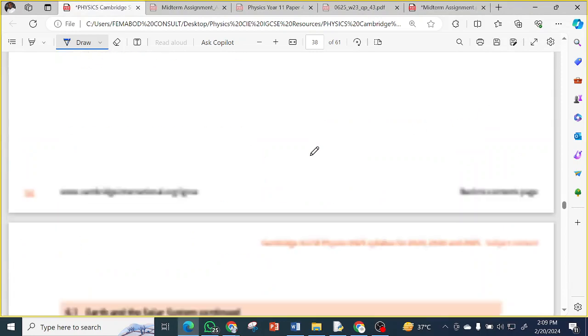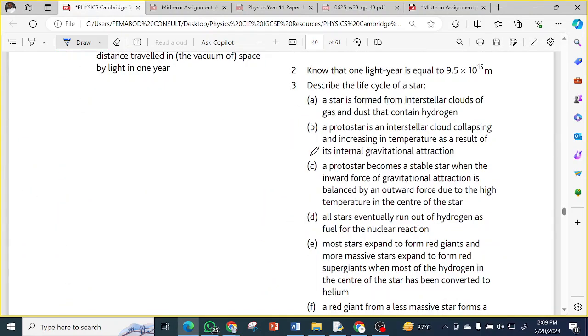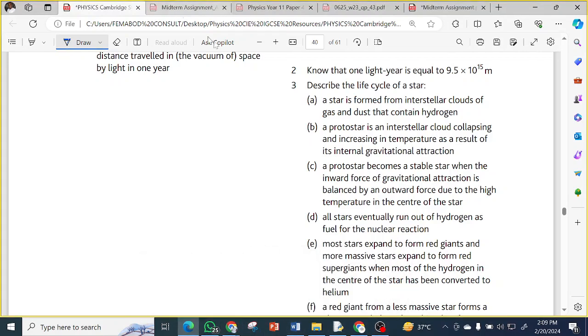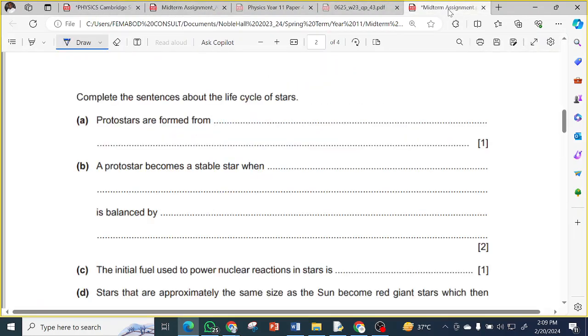Okay, formation of stable star. A star becomes stable when the inward gravitational force is balanced by the outward force due to high temperature at the center of the star. So that's just it. You can take down that note now.